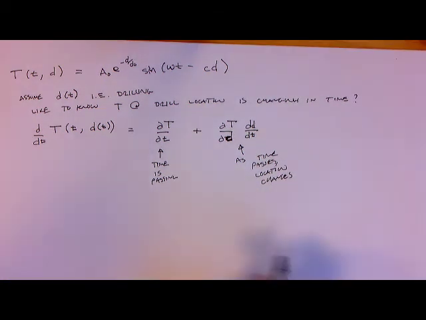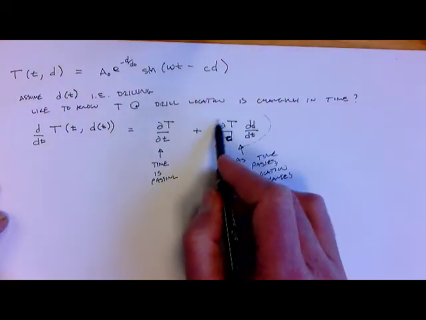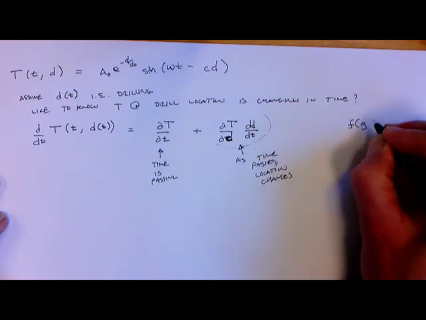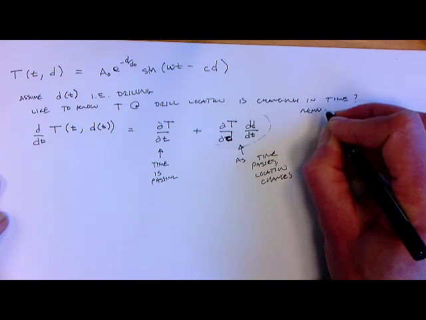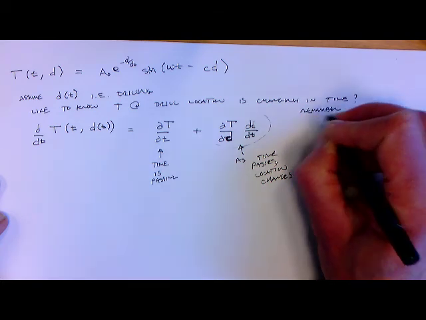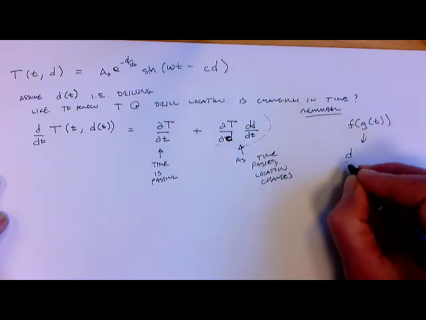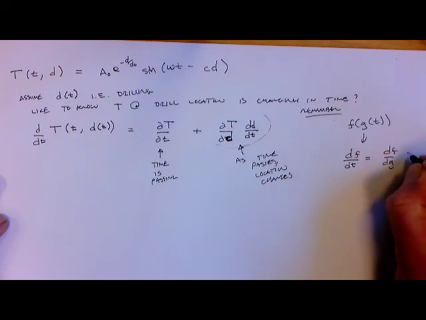Now you'll note here that we ended up with this second term, which should look kind of familiar from the chain rule, right? Because with the chain rule, if you've got f of g of t, so this is a reminder, remember, if you've got f of g of t and you take the derivative of f with respect to time, well, that's the derivative of f with respect to g times the derivative of g with respect to time, right?